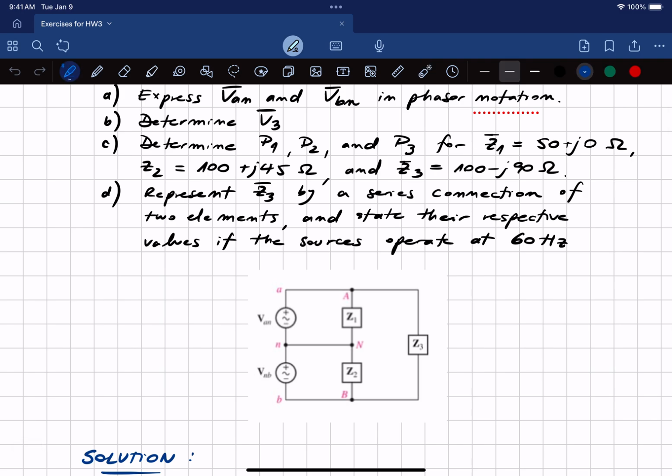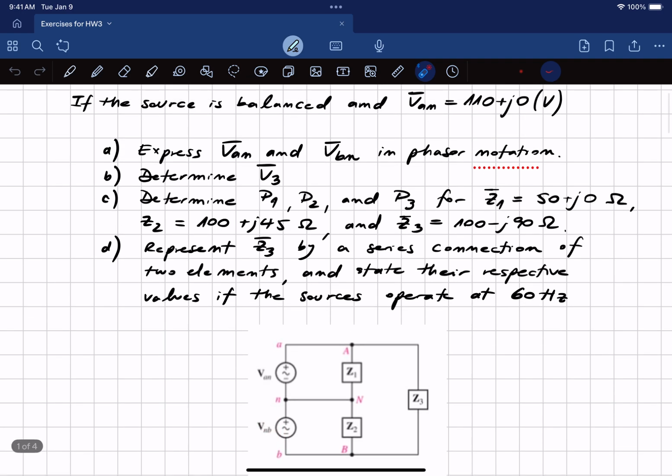So for this problem, first of all, we need to understand that this is a two-phase system. So we have two active sources, in this case denoted as VAN, and the other one should be VBN. However, the problem is kind of stating VNB, so that's kind of odd here, but it's how it's presented.